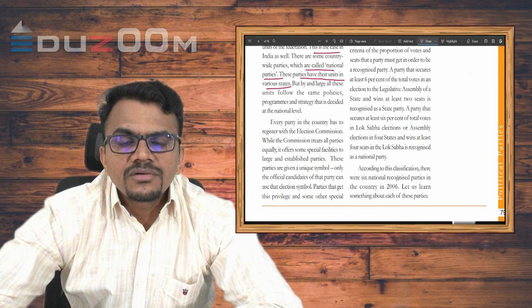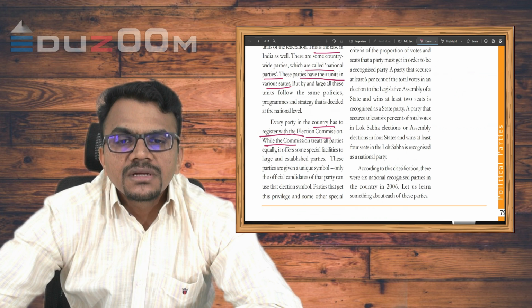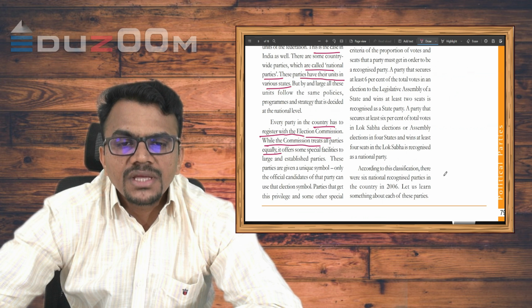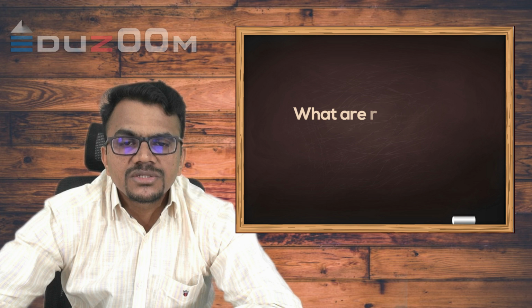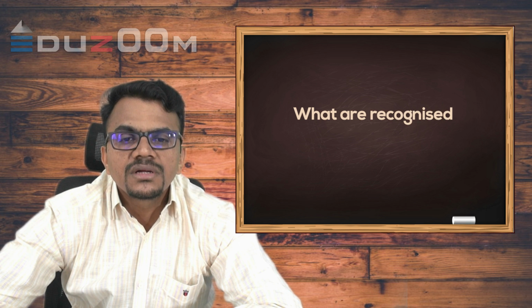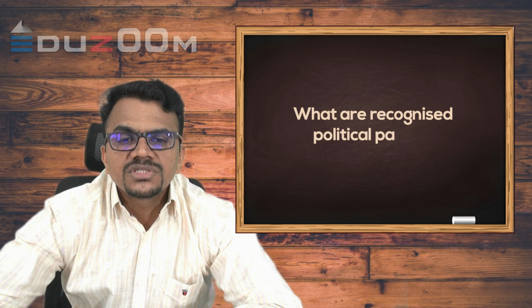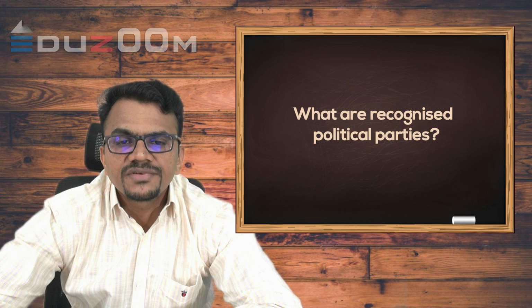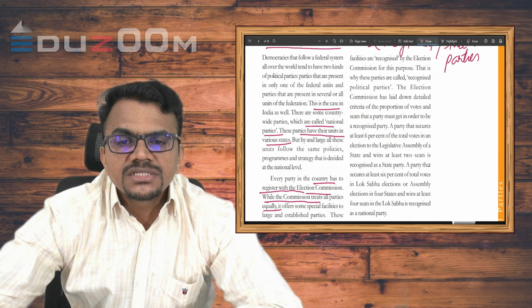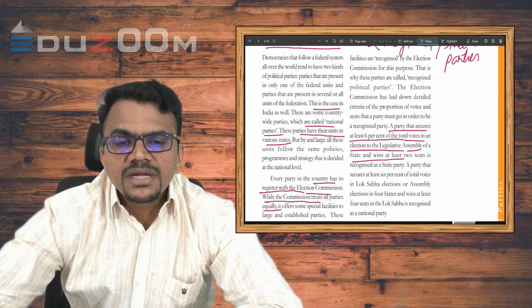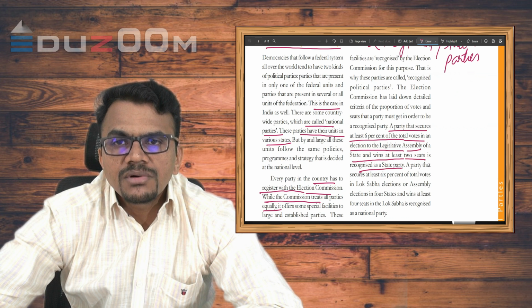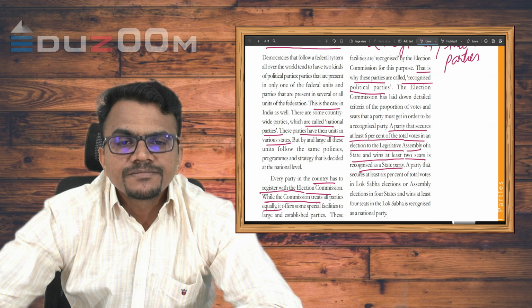They are famous in a state, and the criteria for a state party is that the party should secure at least 6% of total votes in an election to the Legislative Assembly of a state. They should win at least 2 seats, and then it is recognized as a state party. So the criteria for state party and national party you should remember. That is again another important question.